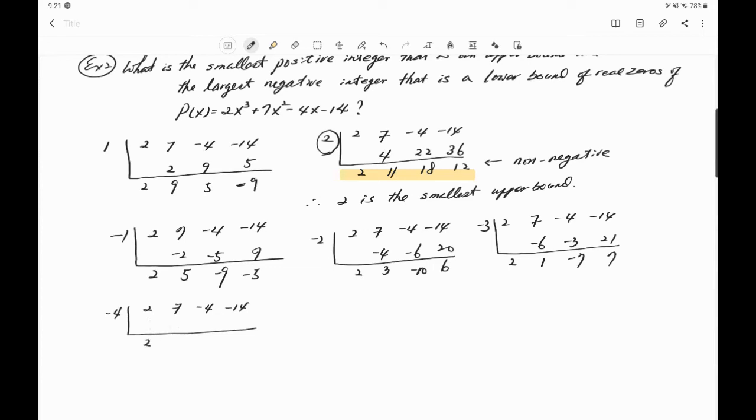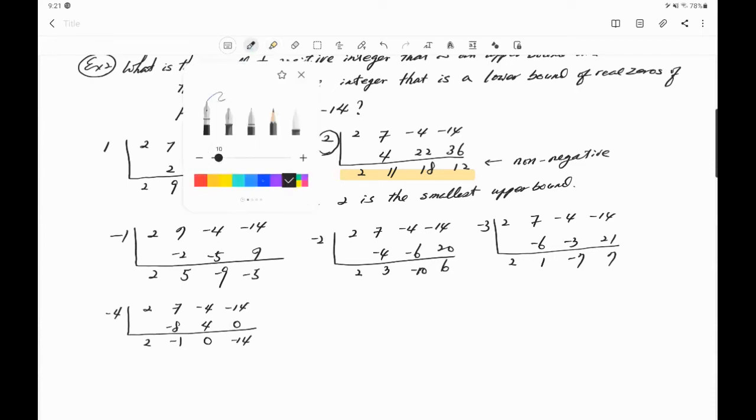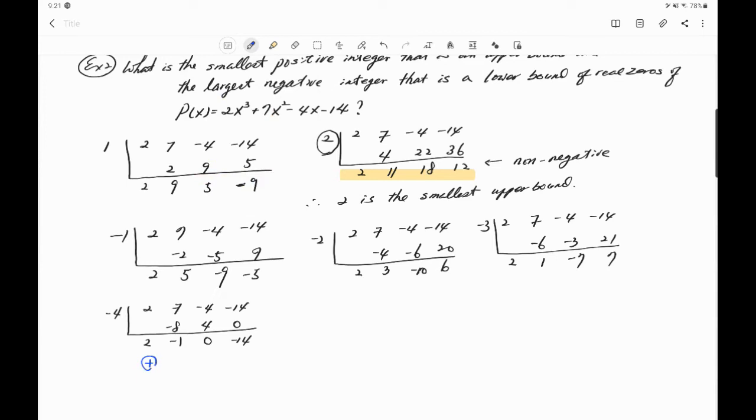Then 2 down, so negative 8. Negative 1, look at this, 2 and negative 1, the sign now alternates. Multiply, which is 4. Then 0, because 0 can be positive or negative, it depends on what makes the signs alternate. Multiply, 0, add it, so negative 14. Look at this. Let's make 0 positive because we want alternating signs, and that is negative.